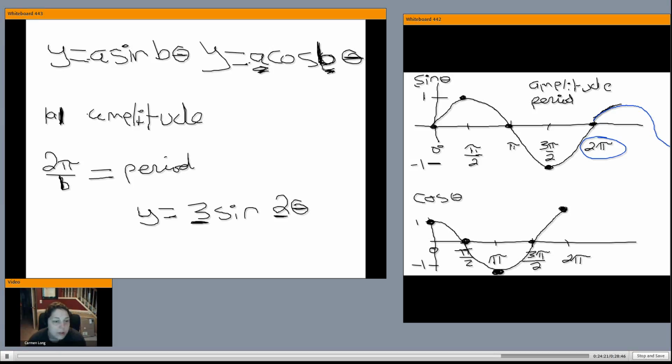So what I'm going to do is go over here and do it on this picture right here. I'm going to change it with a color you can see a little better. How about this pinky color? All right, so I know I've got an amplitude of 3, and so instead of going from 1 to -1, I'm going to go from 3 to -3. There we go. I changed my height. Doesn't it look different? Doesn't it look taller? It's because I changed the marking that makes it true.